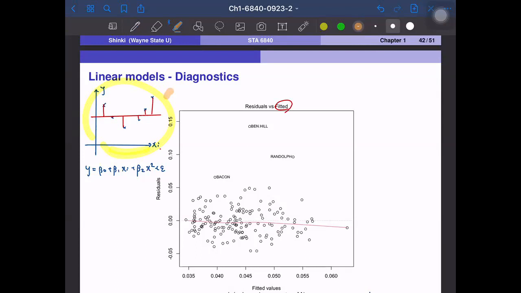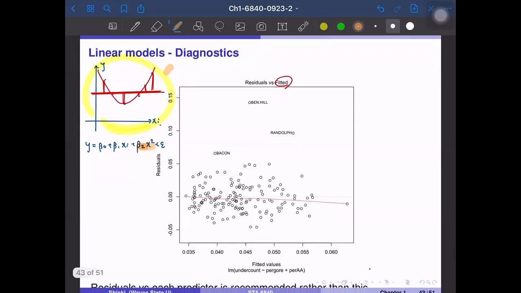If we make a fitted line here, residuals have a distinctive pattern. This is positive, this is around 0, negative, negative, positive, large positive. So even if we just plot residuals versus xi, we have a distinctive U-shaped pattern, like this. If we find this kind of pattern, you have to add some variable or do some transformation.